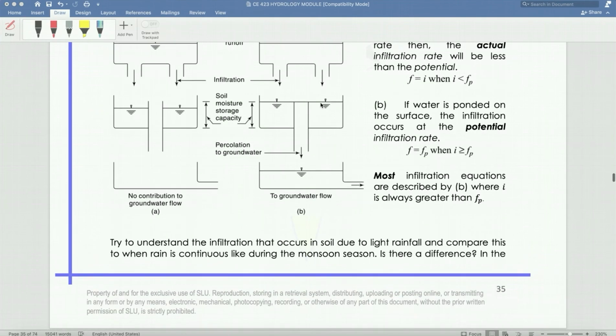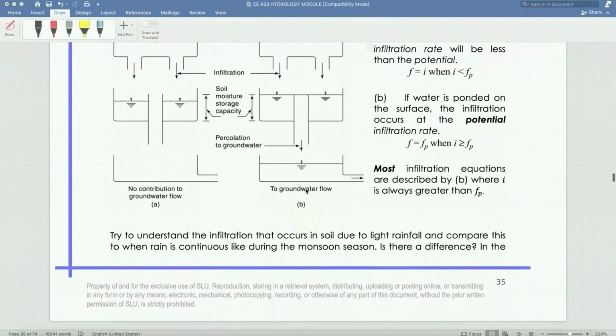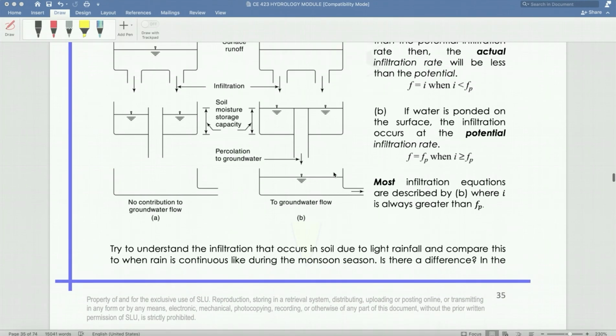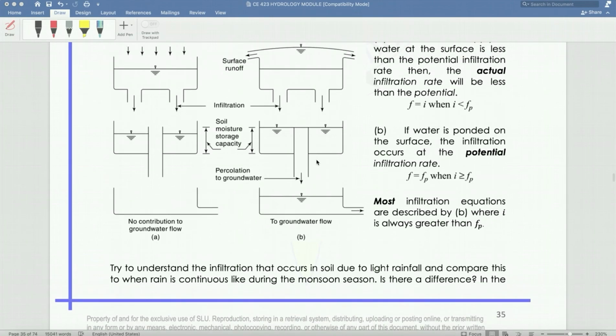But due to force of gravity, the weight of the water is being pulled downward, thus creating a groundwater flow. Okay, so nagkakaroon tayo ng groundwater flow, nare-recharge yung groundwater natin, but it is slower because, take note, the voids on our soil profile are already occupied compared when a soil is just moist or when the soil is dry.